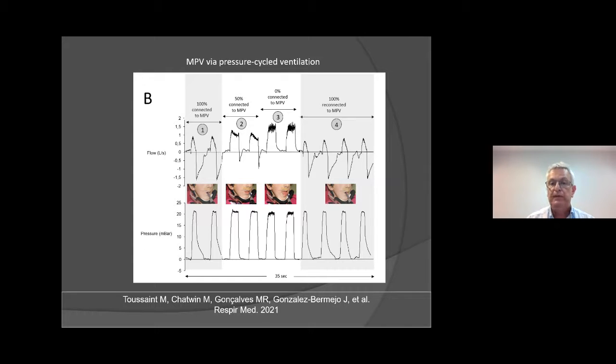But look, and this is very interesting, when the patient is reconnecting to the mouthpiece, the compensation will stop immediately. And also you see that the pressurization of the mouthpiece is perfect from the first cycle. This is not the case with the volume. We will see that later.